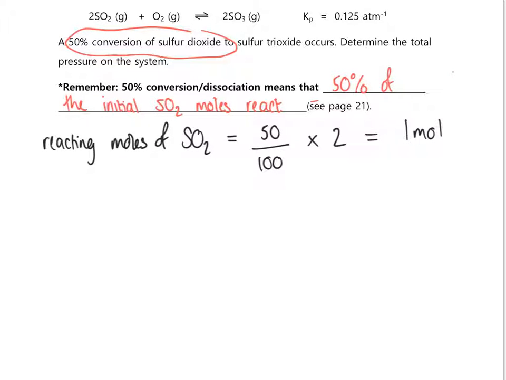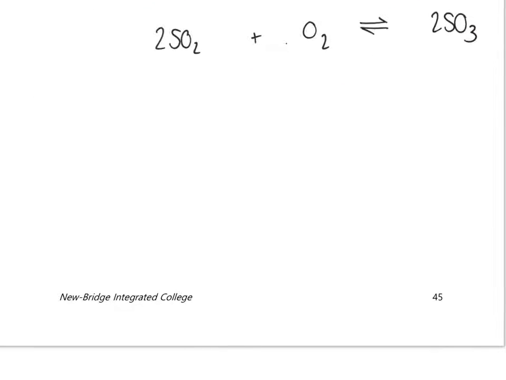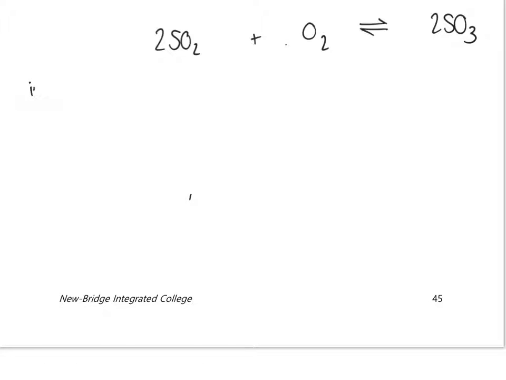I'm going to write my equation out first: 2SO2 plus O2 reacts to give me 2SO3. Down the side I write what I have done this whole time, which is initial moles. What comes after initial moles?